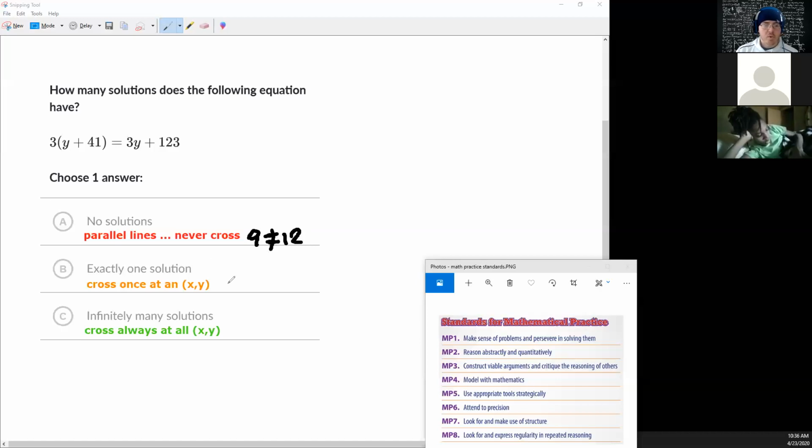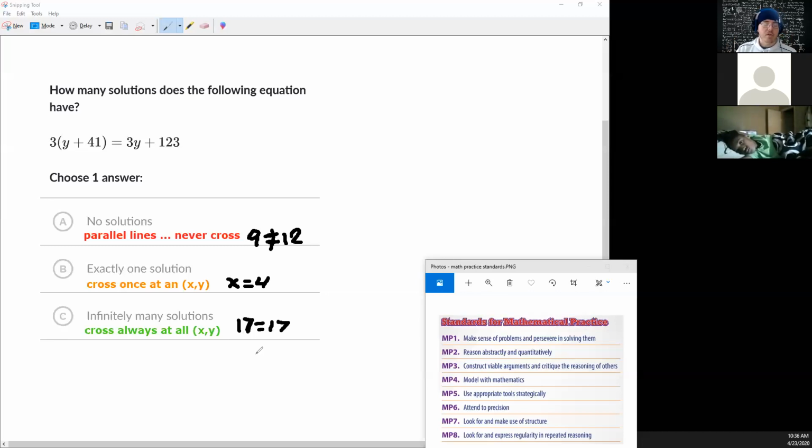If they cross once, we'll end up with something like x equals 4. We'll just end up with some sort of an actual answer. If we get one answer, even if it's a fraction or a decimal or a negative, we know there's one solution. And then for C, infinite means we'll get something that's always true, like 17 equals 17.